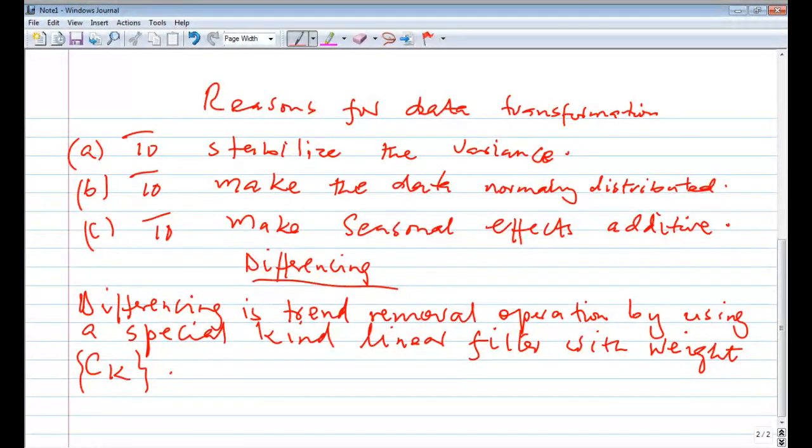So how do we denote differencing? Let's start with the first differencing.